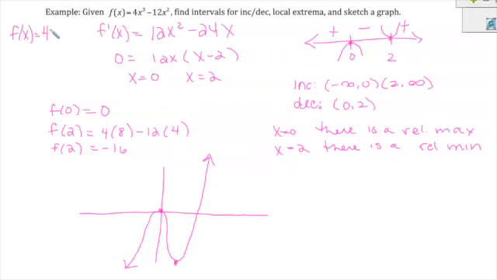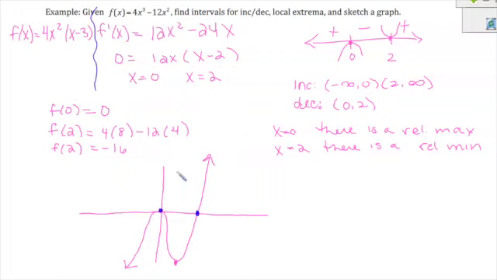I take out a 4x squared from the original function, and I'm left with x minus 3. So let's separate this. Now go back to algebra 2 when you would analyze functions and not actually the derivatives or anything like that. You knew you had x-intercepts at 0 and +3, and you knew that you bounced at this 0, and then you went through the x-axis at this 0 because the power was 1 on that exponent.